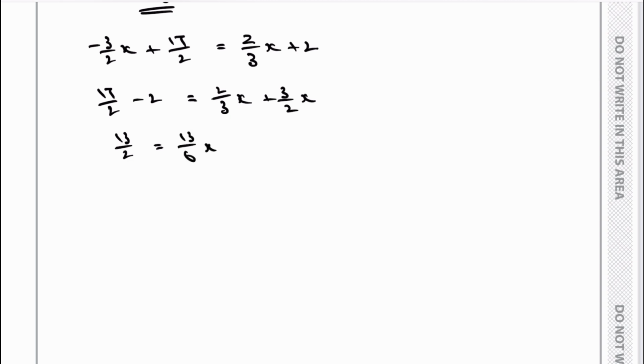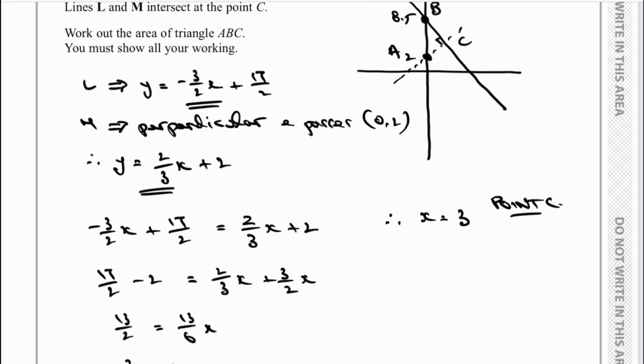I divide through by 13/6 and I very neatly get a value of x equal to 3. So when x equals 3, remember that we're looking at point C here, which is this point at the very top of the screen there.